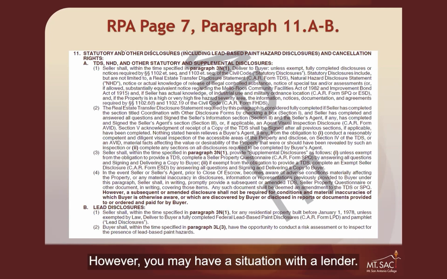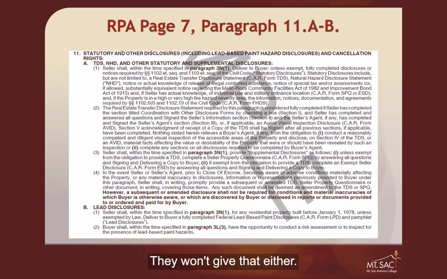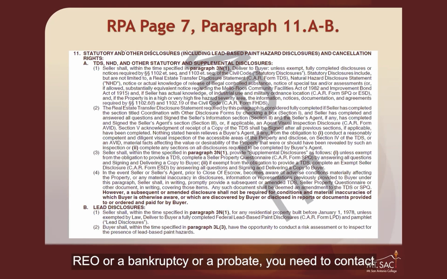However, you may have a situation with a lender, they won't give that either. So if you have a listing, and let's say it's an REO or a bankruptcy or a probate, you need to contact your seller and say, hey, offer that comes in, we'll be asking you to complete an ESD, exempt seller disclosure.